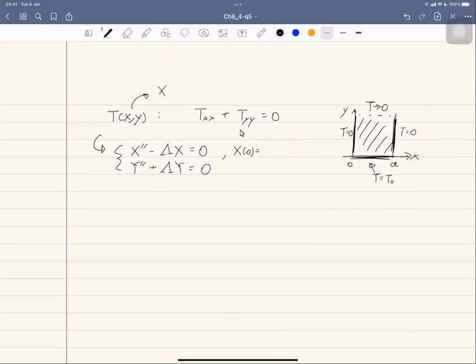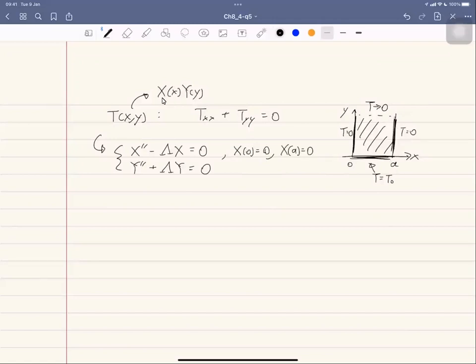This is the key part about separation of variable. We're letting this multivariable function equal a product of single variable functions, X of x, Y of y. As long as little x equals 0, I want T equals 0, so I basically want X of 0 to be 0, and X of a to be 0 for the same reason. So I want T to be 0 here.